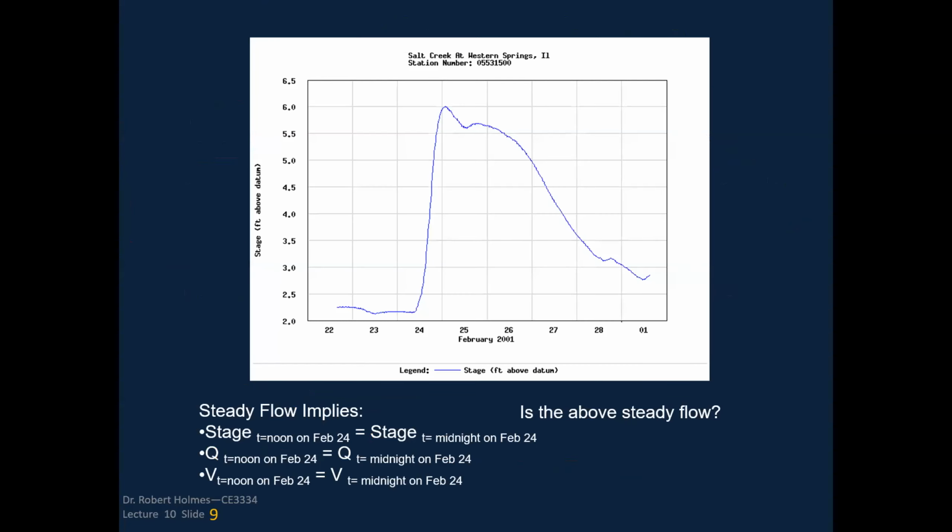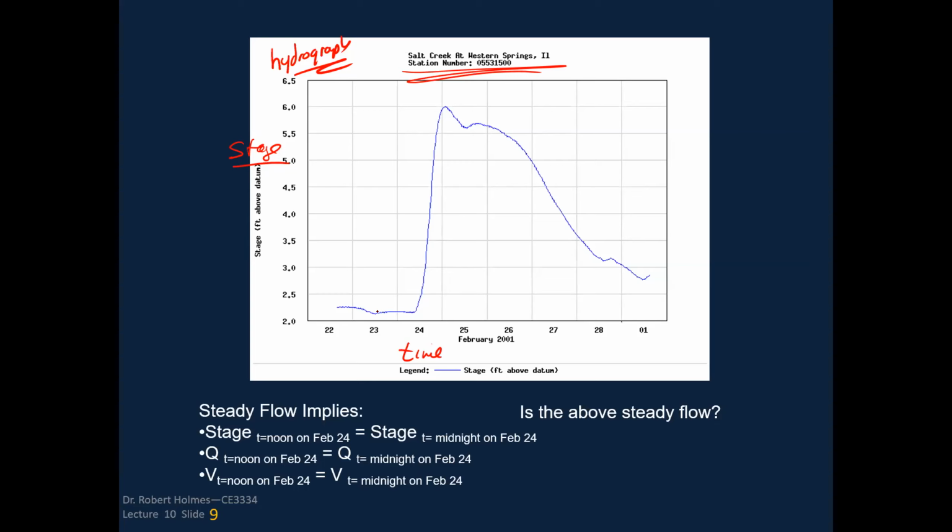Now, this is a hydrograph. We spell it like this. It's from the U.S. Geological Survey stream gauging station, Salt Creek at Western Springs, Illinois. That's in the Chicago suburbs. And you can see that we've got time on the x-axis, and we've got stage, which is a measure of the water surface elevation.